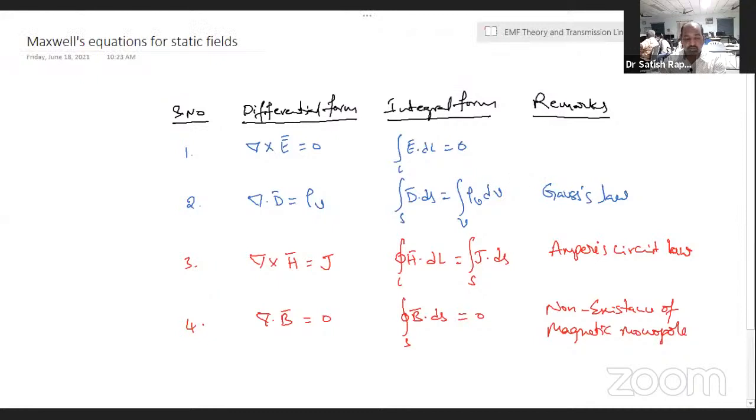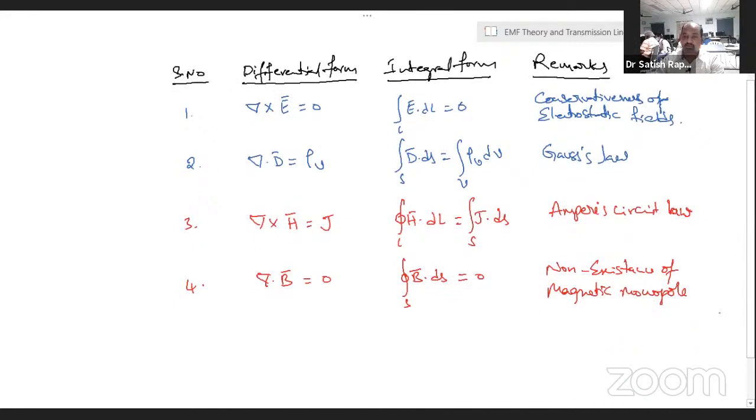And this one is conservativeness of electrostatic fields. So these are the four Maxwell's equations which we have defined so far with respect to static fields. Very, very important Maxwell's equations. In examination, they will ask you to derive this.